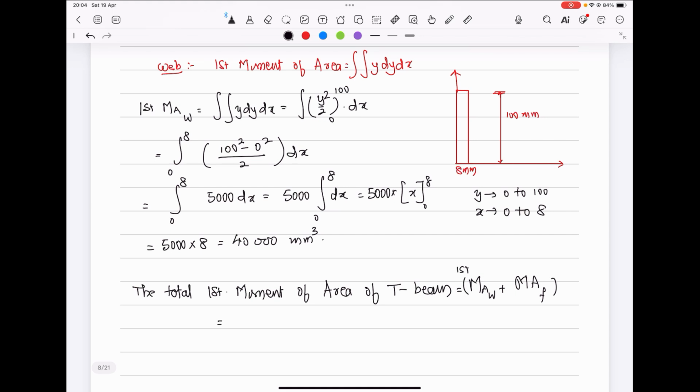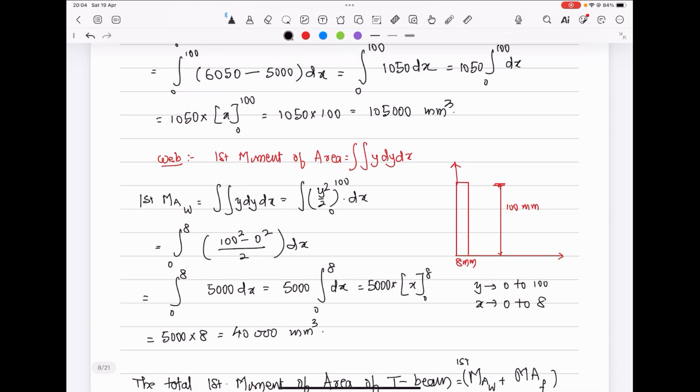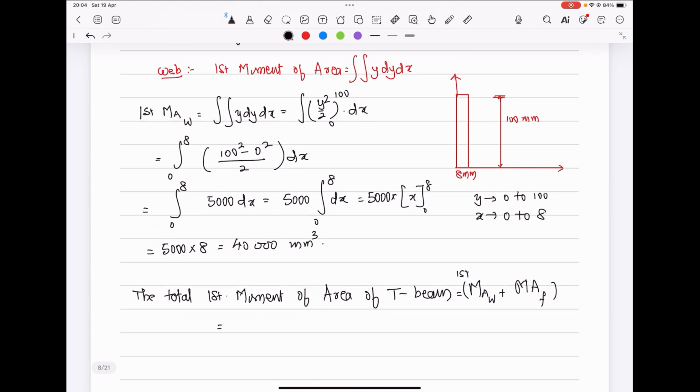That is equal to 105,000 plus 40,000. That is equal to 145,000 cubic mm.